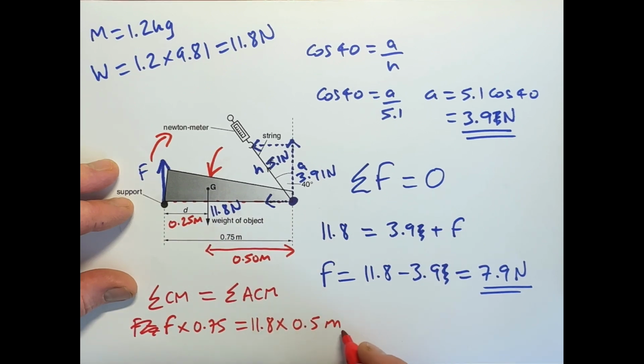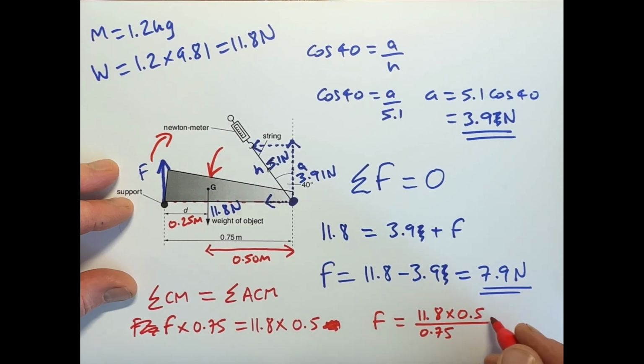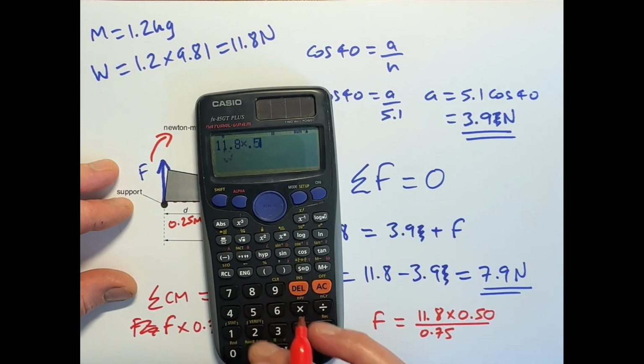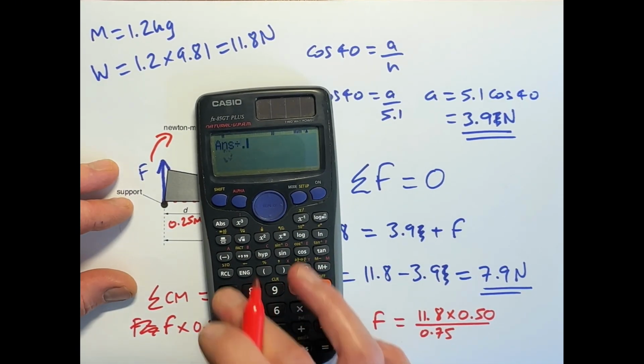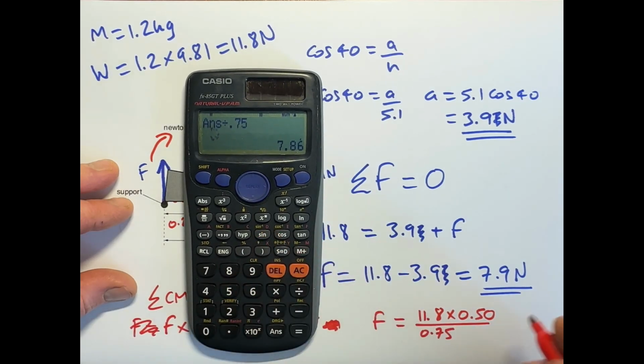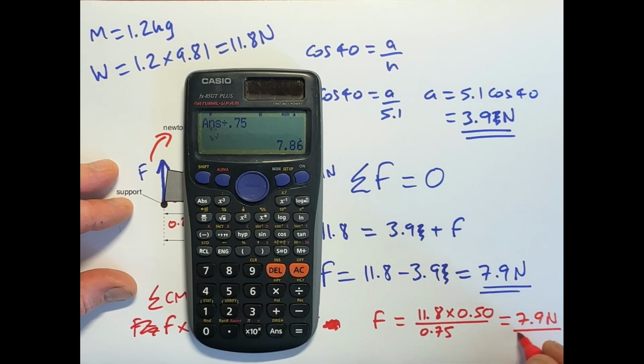If we rearrange that, we're going to get F is equal to 11.8 times 0.5 divided by 0.75. I should include the significant figures here. If you work that out, 11.8 times 0.5 divided by 0.75 gives you 7.9 newtons.